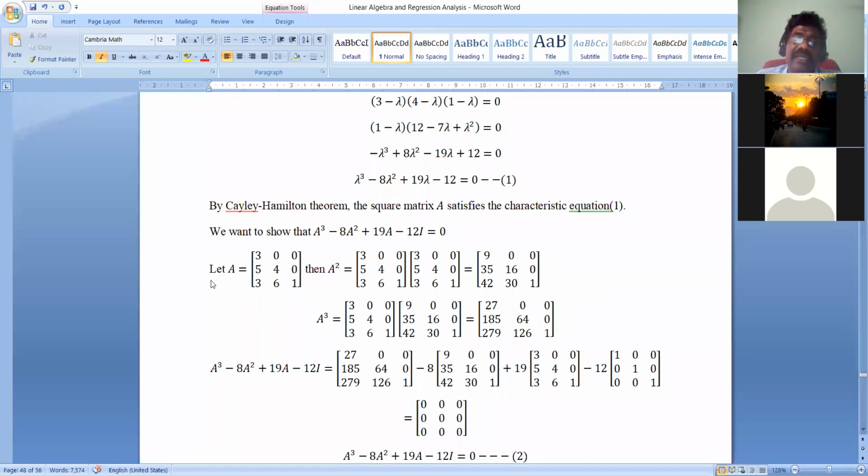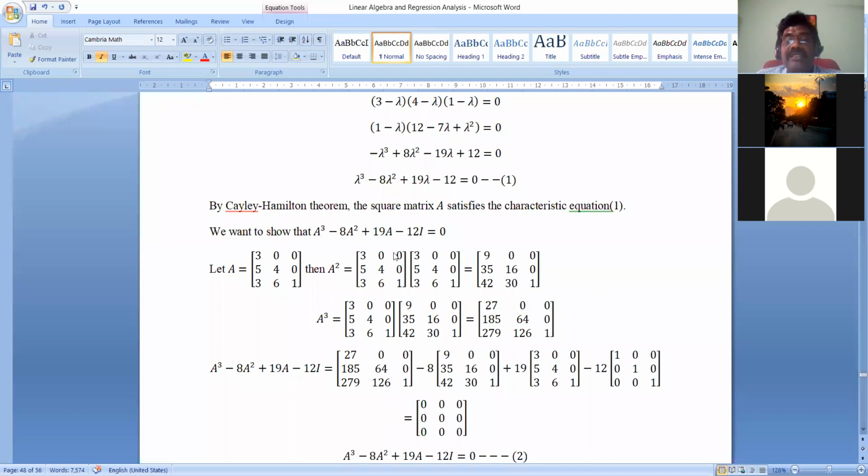Let capital A equal to [3, 0, 0; 5, 4, 0; 3, 6, 1]. Then A square equal to A into A, that is [3, 0, 0; 5, 4, 0; 3, 6, 1] times [3, 0, 0; 5, 4, 0; 3, 6, 1].